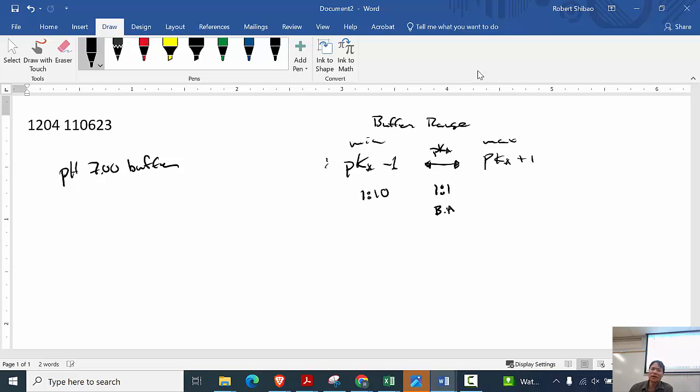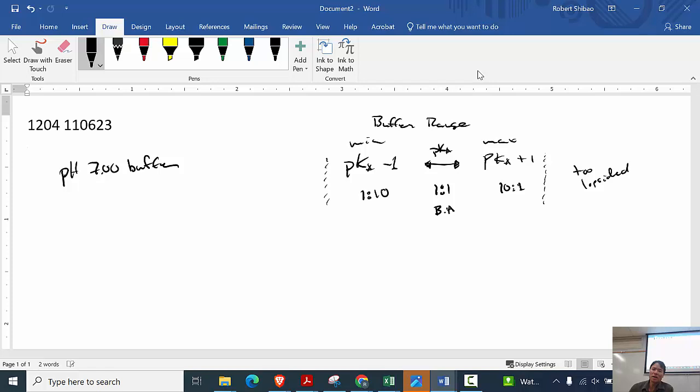Not really. I mean, you could, but it'd be too lopsided. And likewise, at the top of the range, what is it? 10 to 1. And so we try to keep it in this range to make it not too lopsided.